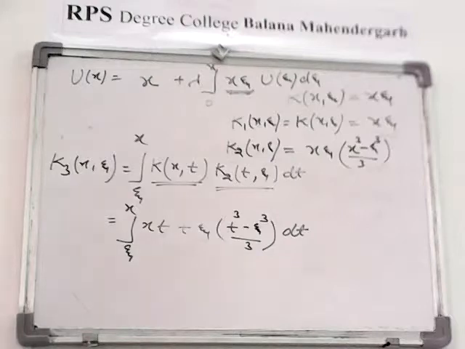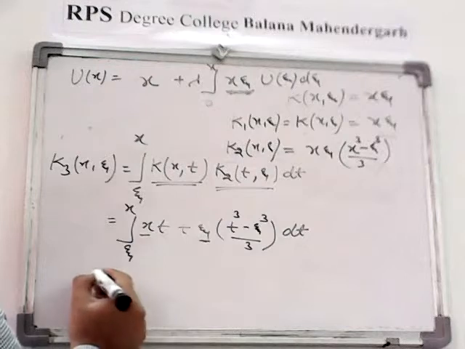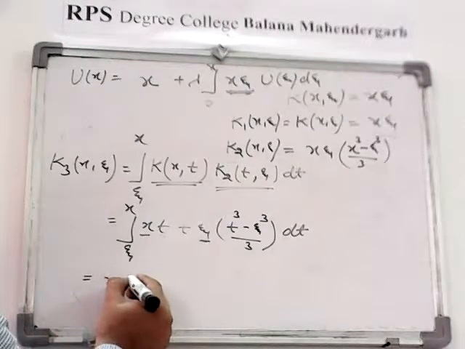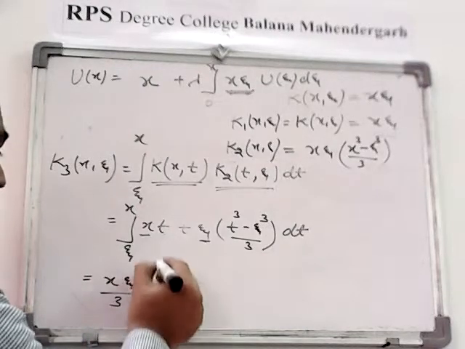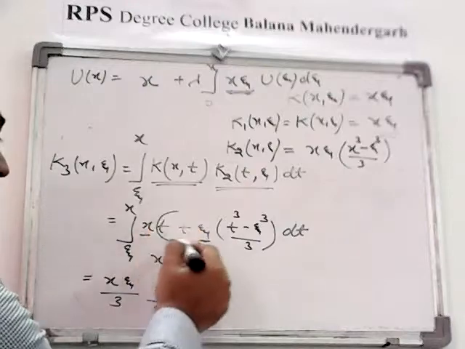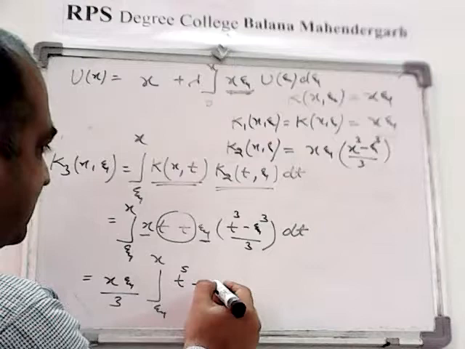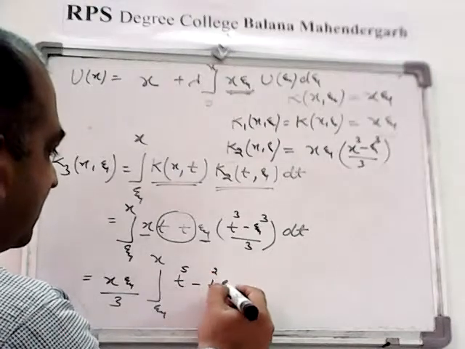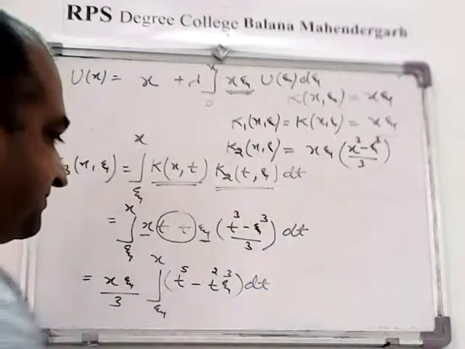So what is common? The variables x and xi are common, so we will take them outside, x and xi outside. Similarly, 3 is outside. The integration is from xi to x, and at this position we have t square. So we will have t raised to power 5 minus t square xi cube, then dt.